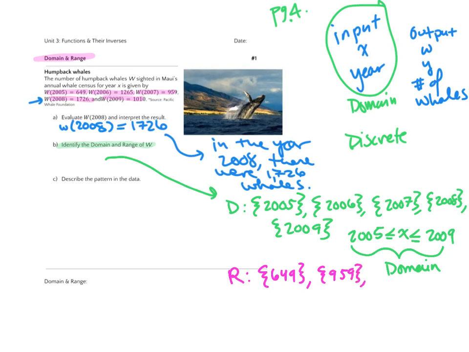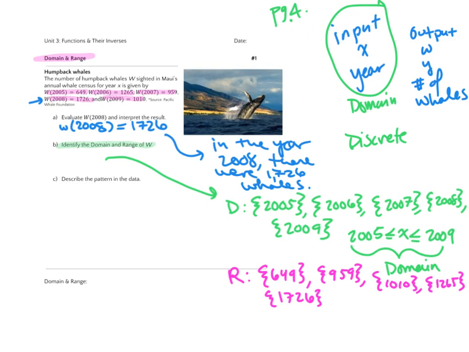And then after that it is 1010. After that it is 1265. Okay, so it's increasing if I mix up the years, right? 1726. 1, 2, 3, 4, 5. Okay, so that is my range.